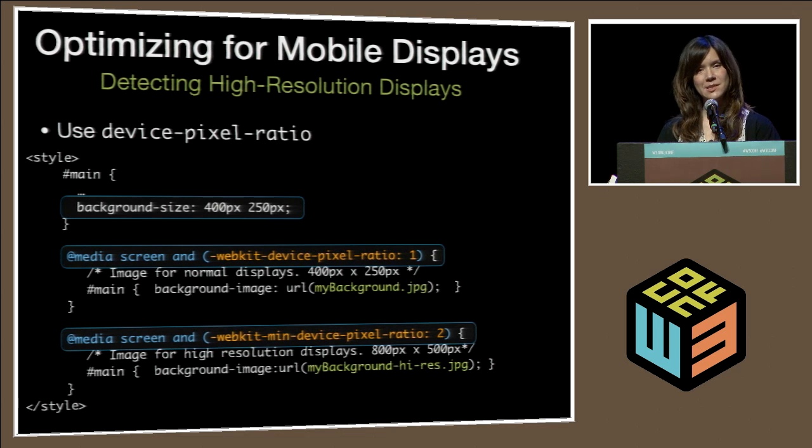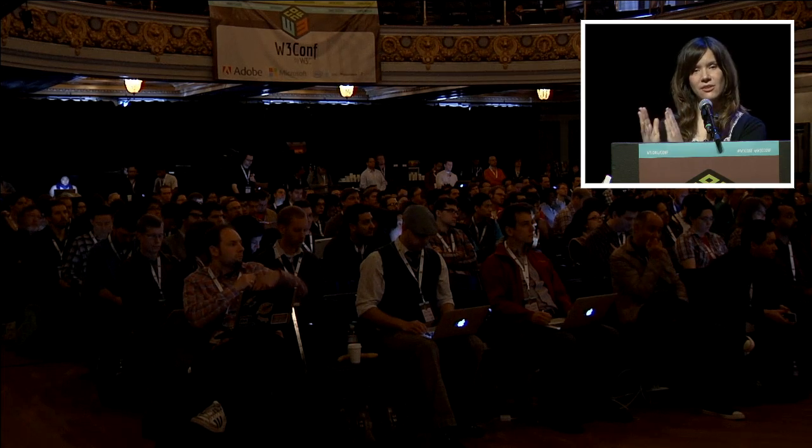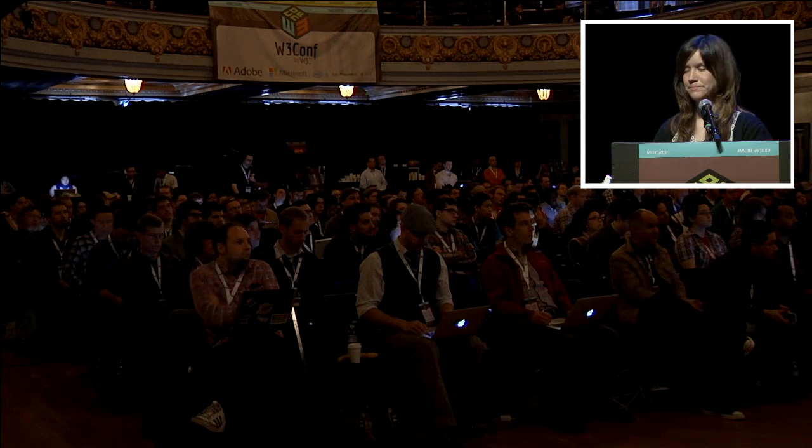For my high-res display, I'm going to have the same image with the dimensions doubled, a high-res version of that image, and I'm going to put that into my 400 by 250 pixel area. So basically, we're going to be taking a larger high-res image and squishing it down into a space that's half the size so that it looks sharp on a Retina display.